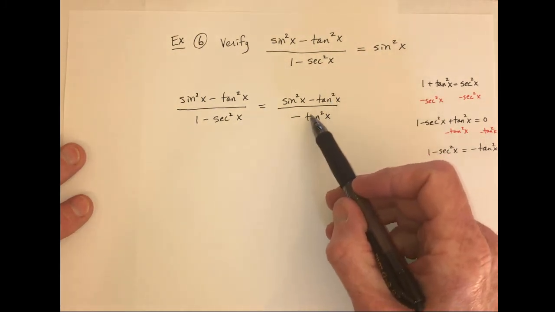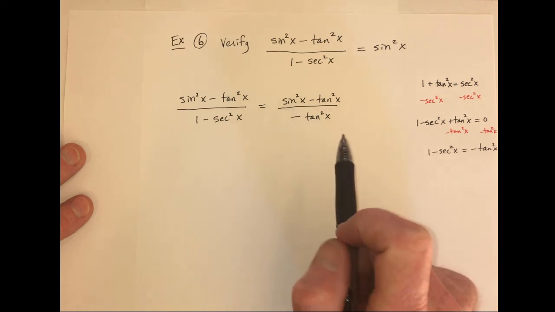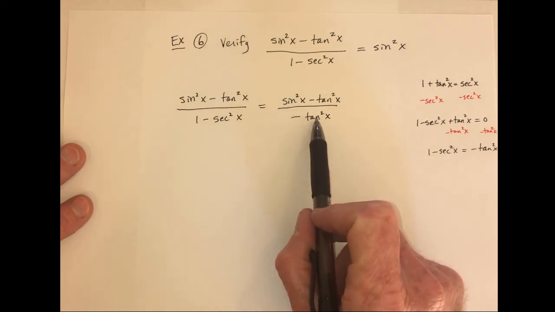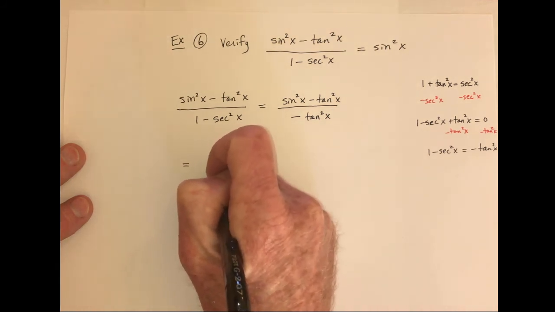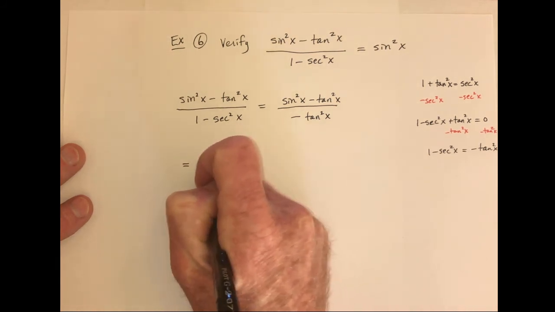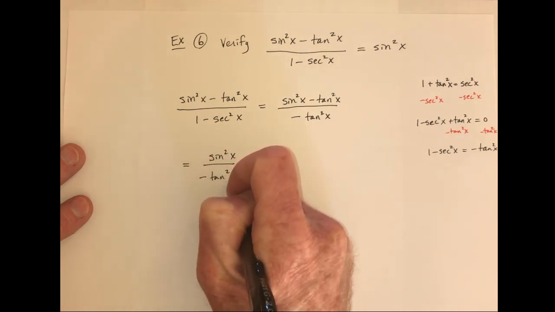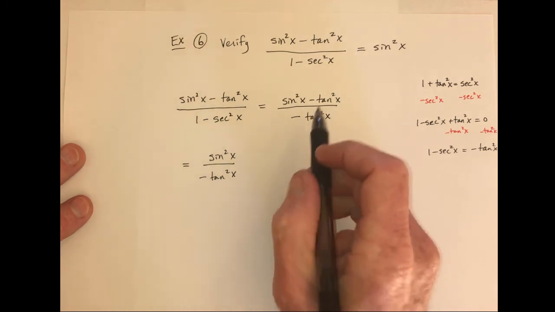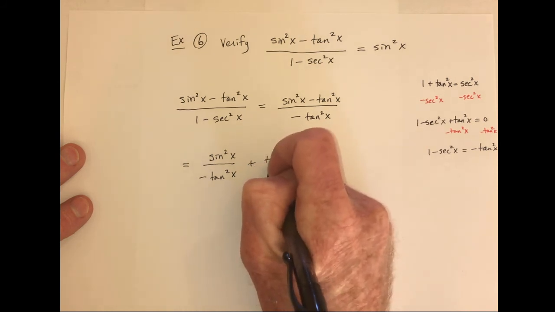Now it looks like these tangent squares could cancel. The only thing is this does not have a tangent squared. So they can't quite cancel, but what you can do is make this into two fractions where it's this divided by this and then this divided by that. So it's going to be sine squared gets divided by negative tangent squared, and then minus, well actually when you break it apart, those two negatives are going to become plus.